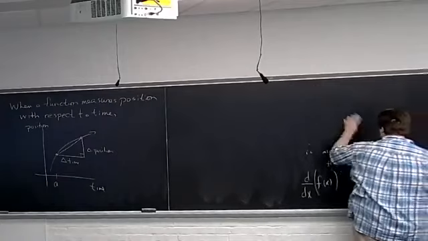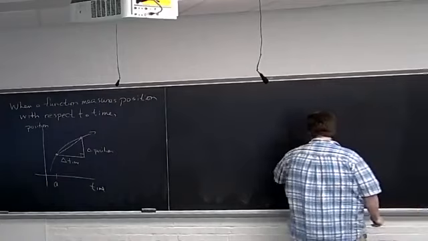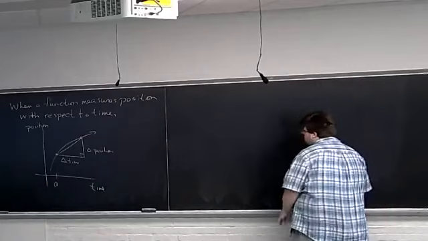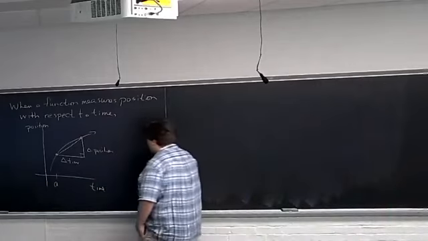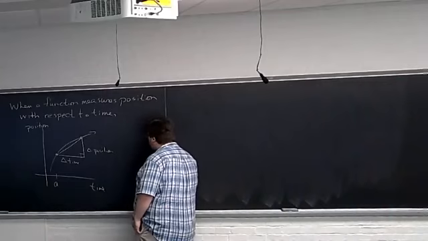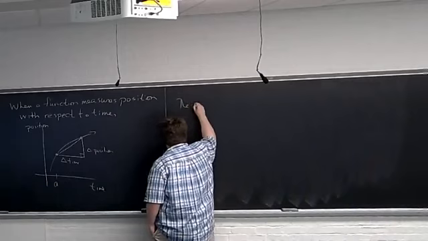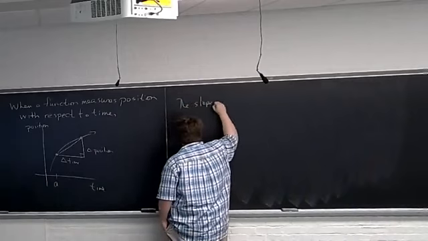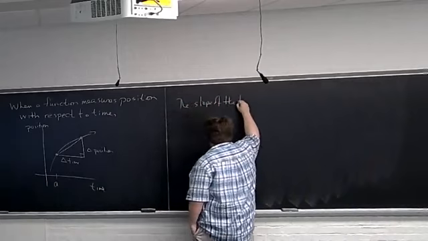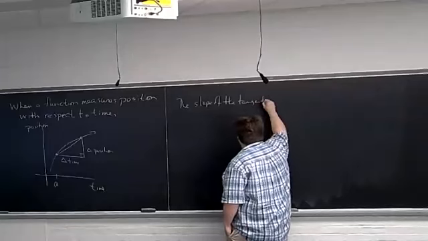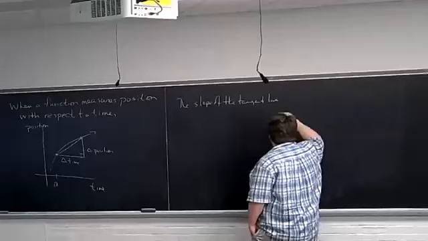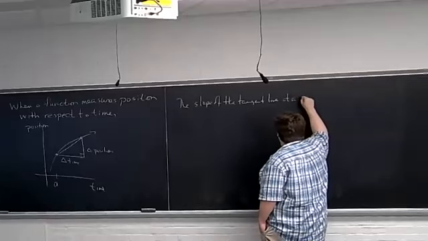Well, we have a secant line, we can use that to approach a tangent line. So there, the slope of the tangent line at A is what?